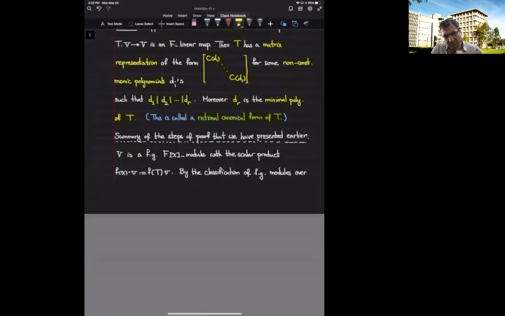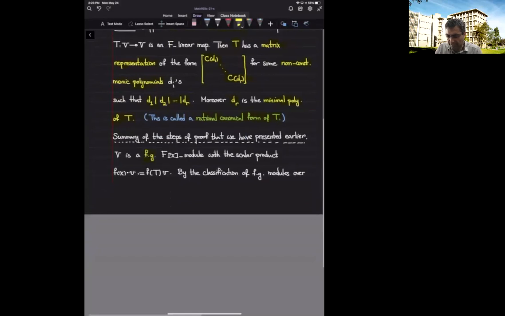Let's summarize what we have already discussed and complete the proof. What we did was we started with this V and thought about it as a finitely generated F[x] module. And then what was the scalar multiplication? The scalar multiplication came from evaluating a polynomial at T and then applying it to the vector v.